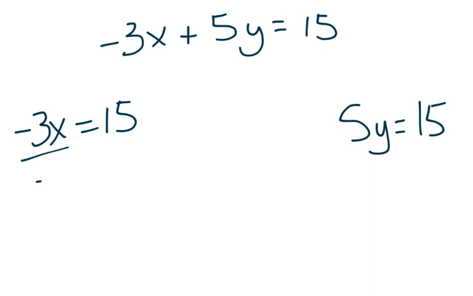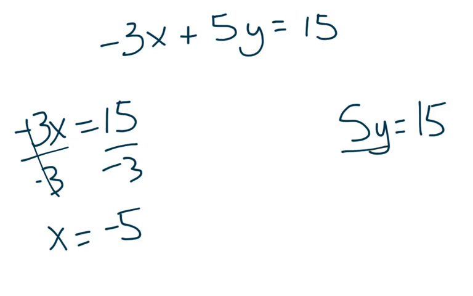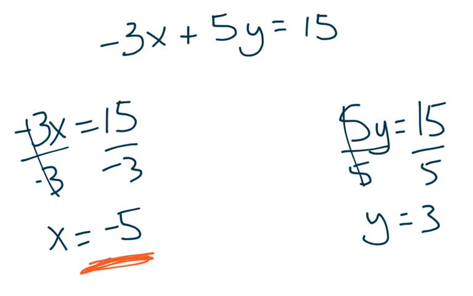Okay, so we're going to divide by -3 on both sides, and we get that x equals -5. So there's one intercept. Then over here we're going to divide by 5, and we get that the y-intercept is +3. So let's go back to the graph and graph these. So again, the x-intercept is -5.